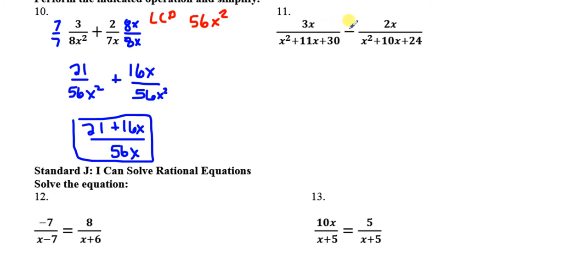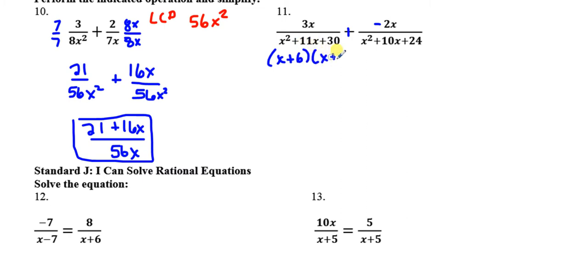This one, if you want just some extra points, if you don't do anything else, make sure you factor. And I'm going to change that plus to a minus. Instead of minusing, I'm trying to change that to a plus, a negative. Factor this, two numbers that multiply and give me 30. That would be x plus 6, x plus 5.